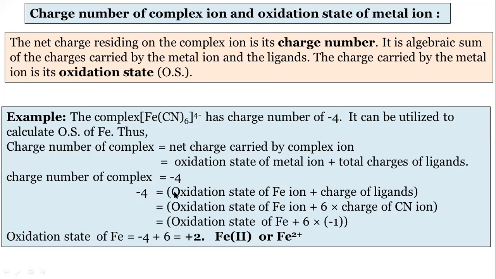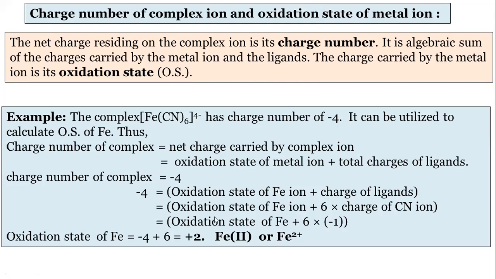Then this is the oxidation state of the metal ion. We don't know the oxidation state of the Fe ion, so it is written like this: oxidation state of Fe ion plus charge of ligands. Now you know how many ligands there are. 6 cyanide ligands are there, and the charge on cyanide, as you already know, is 1 minus.